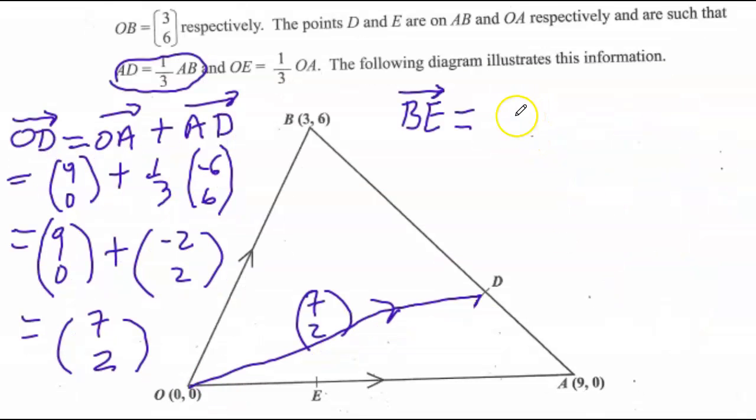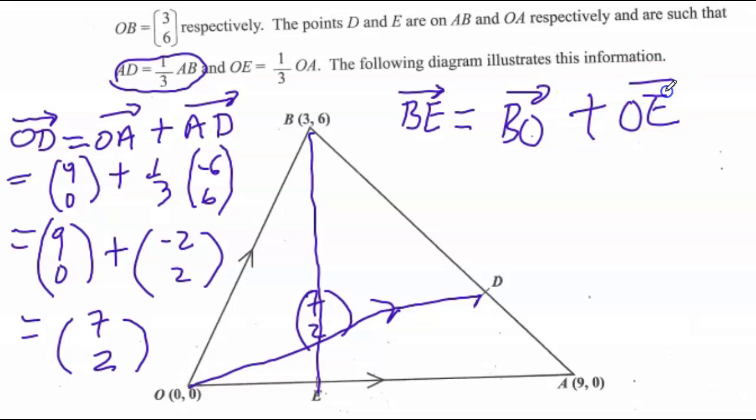The next vector we were asked to find was BE. And you can see BE, that's B to E. So to get from B to E, you have two options, but I'll use BO plus OE. And OB was 3, 6, as we were told, but we're going in the opposite direction, so the sign changes.